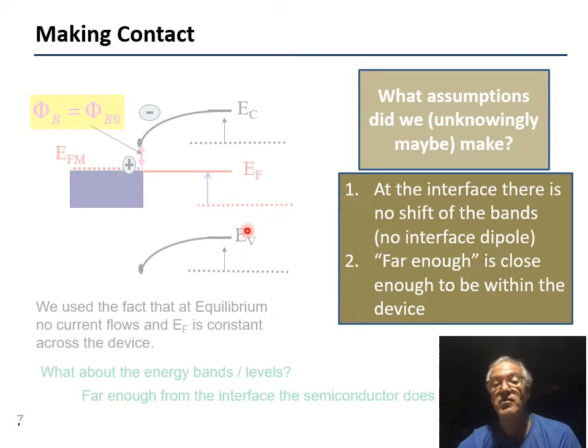But sometimes devices are small and this doesn't really hold, and we really need to solve and consider the contacts on both sides, or to find out what are the conditions at the other interface which we have ignored so far.